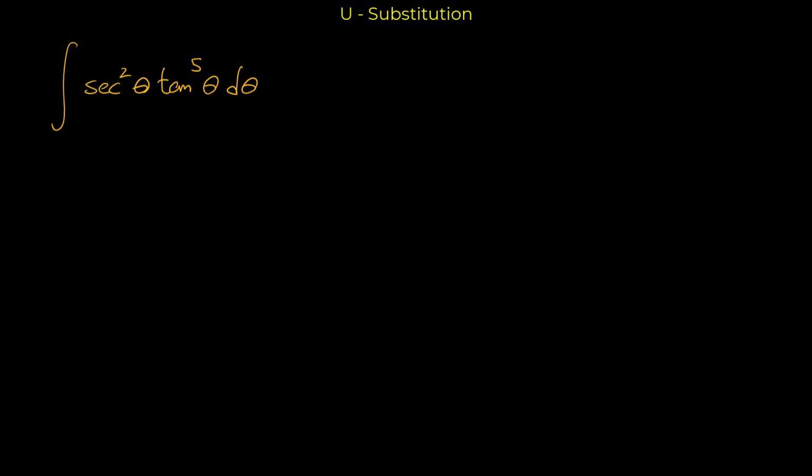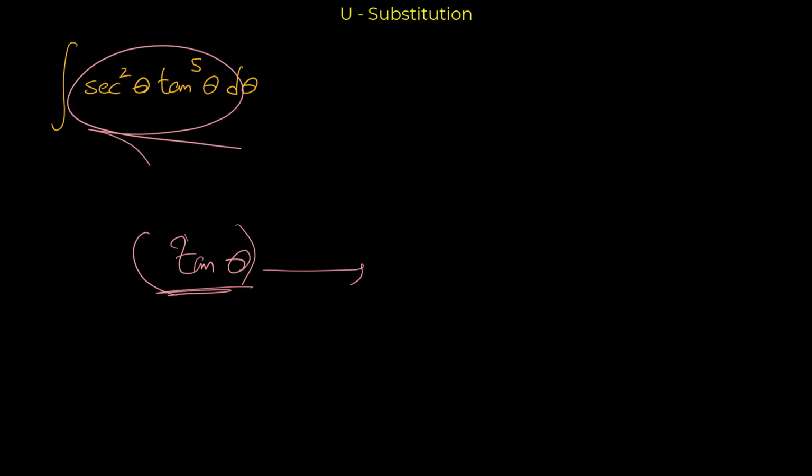Here we want to find the integral of secant to the 2 theta tangent to the 5 theta d theta. One of the reasons that students struggle in the substitution method is that they don't remember derivative formulas. If you remember derivative formulas fully, when we see tan, we remember the derivative of tan was secant to the 2.